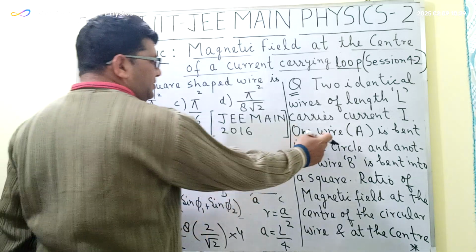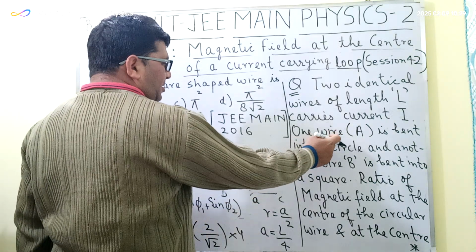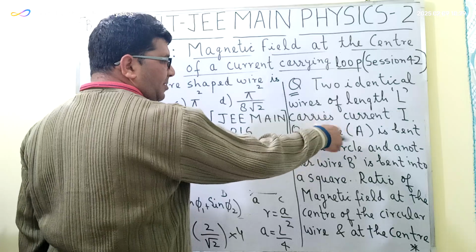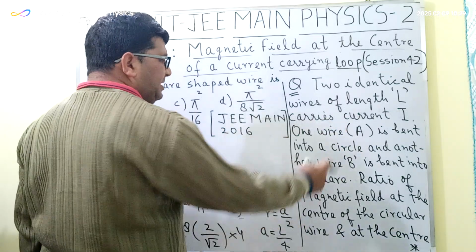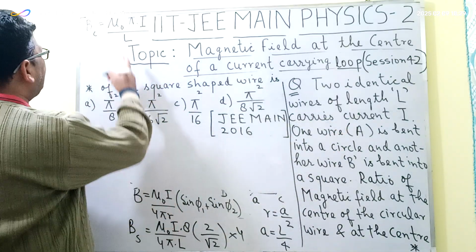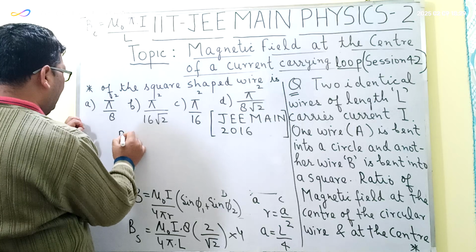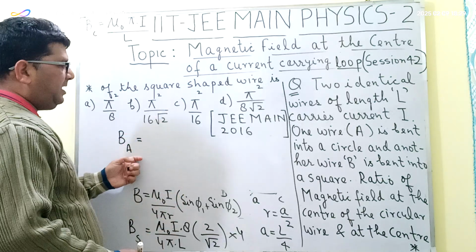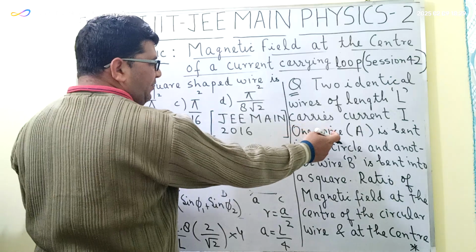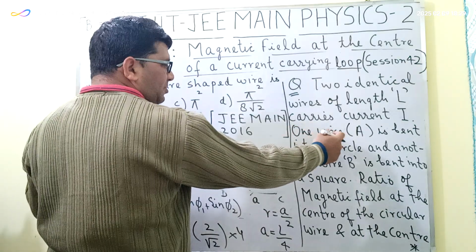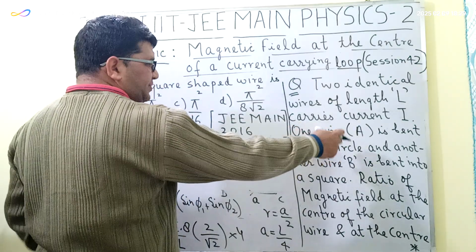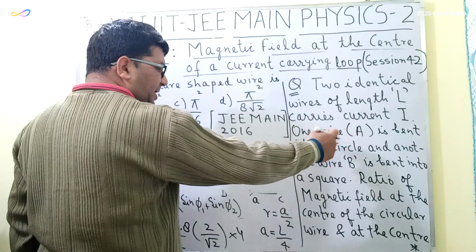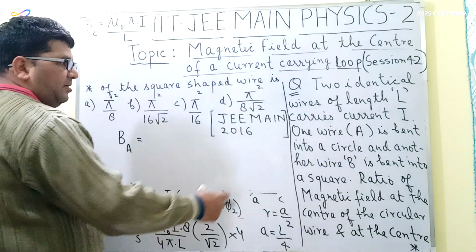So here the wire which was bent in the form of a circle is depicted as A. So I will just take the magnetic field as BA. That is, this BA is the magnetic field due to this current carrying circular wire.